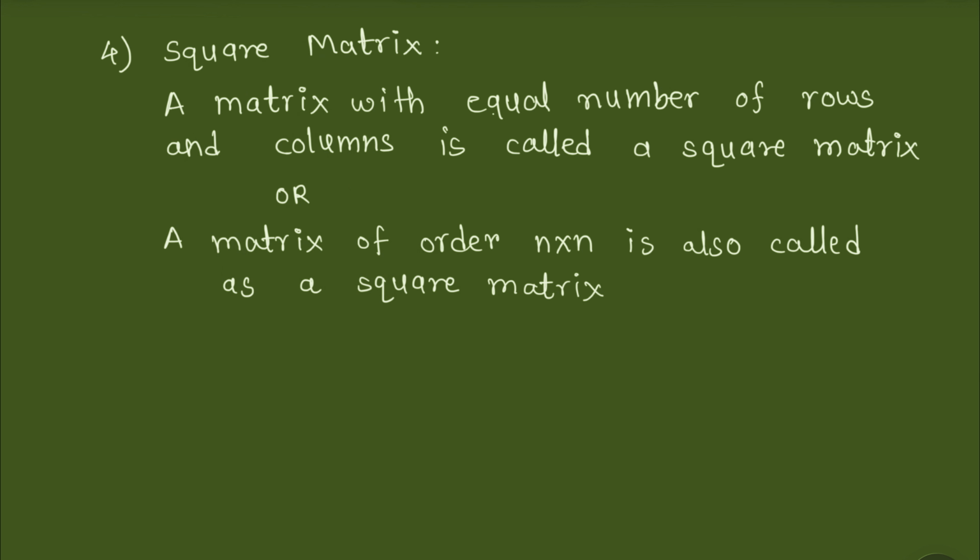Square matrix. A matrix with an equal number of rows and columns is called a square matrix, or a matrix of order n cross n is also called a square matrix.